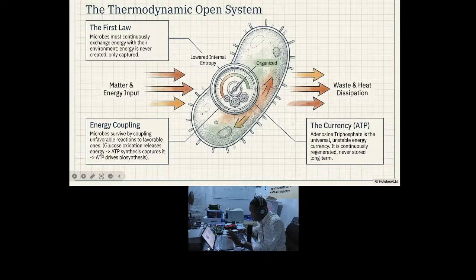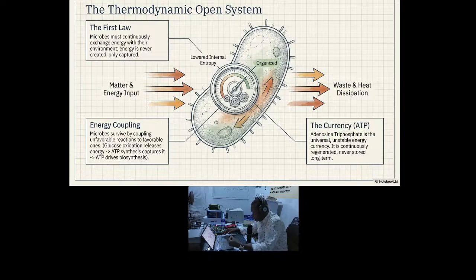Okay, this next slide is talking about the thermodynamic open system. Some of us might be wondering why thermodynamics, because we are already mentioning factory, we are mentioning biochemical pathways. That is to tell us that chemical reactions will take place.